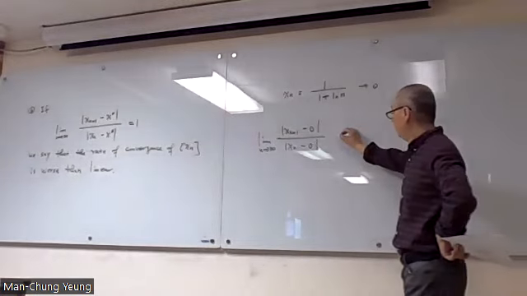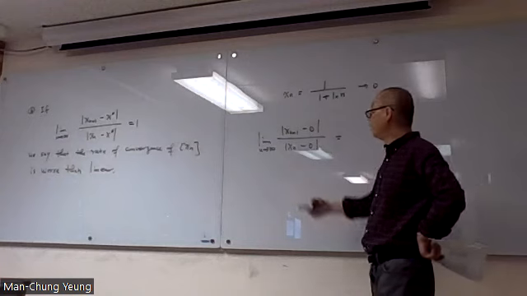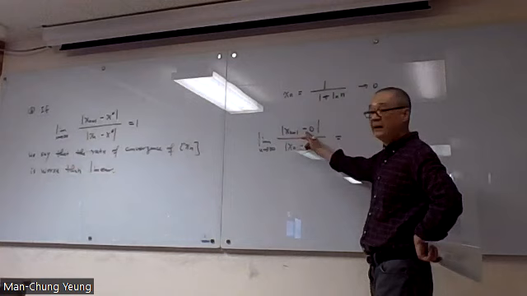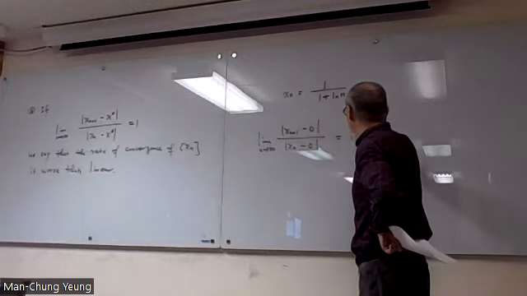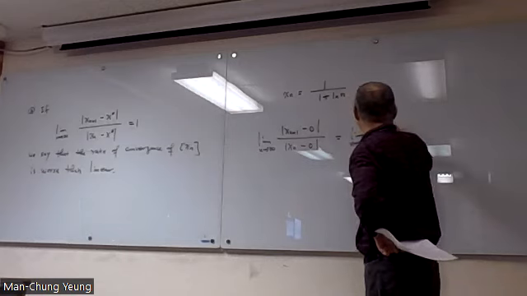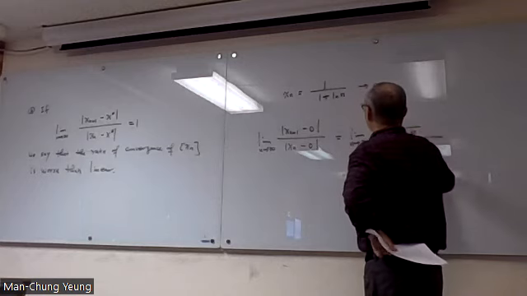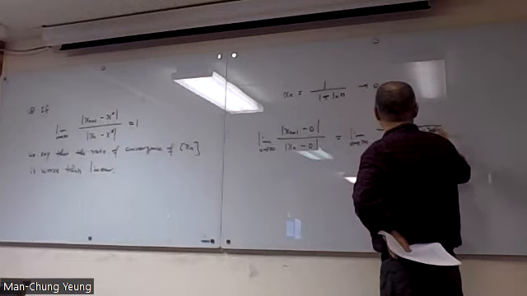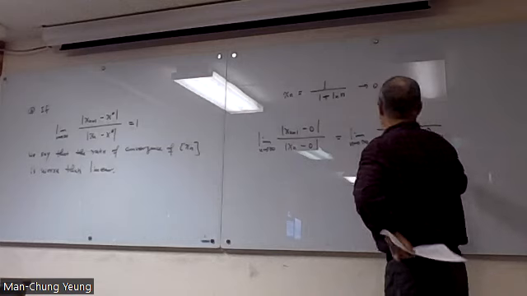I can remove the absolute value because it is easy to see that x_{n+1} minus 0 is positive. So I get 1 over 1 plus ln(n+1), then over 1 over 1 plus ln n.